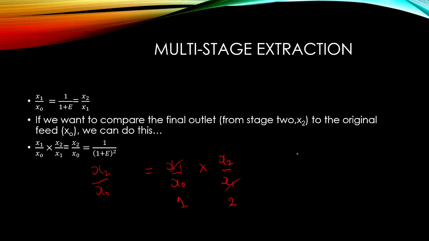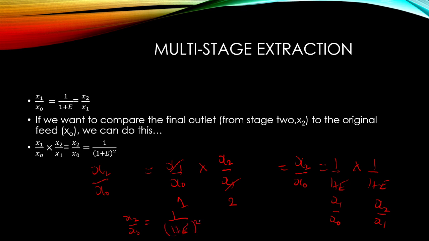When we multiply, the x1 can cancel out and we end up having x2 over x0. So it means that this is going to be 1 over 1 plus E times 1 over 1 plus E, for the x1 over x0 and then the x2 over x1. So in effect, our x2 over x0 is going to be equal to 1 over 1 plus E, all squared.